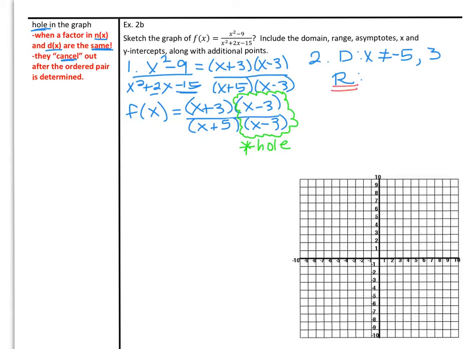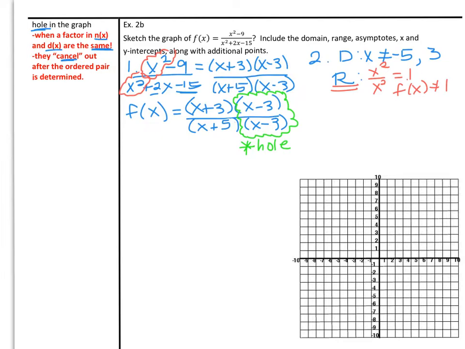So for the range, I'm going to go back to the lead term on top divided by the lead term on the bottom: x squared divided by x squared. Now technically they just cancel out altogether to equal 1. What that tells us for our function is that f of x can't equal 1. And that's how we determine our range.